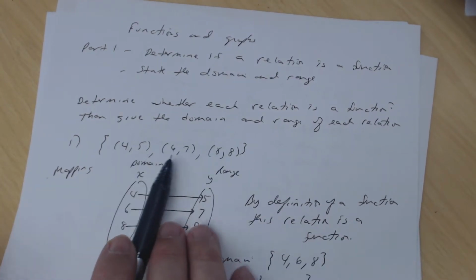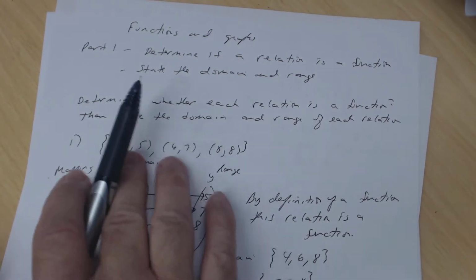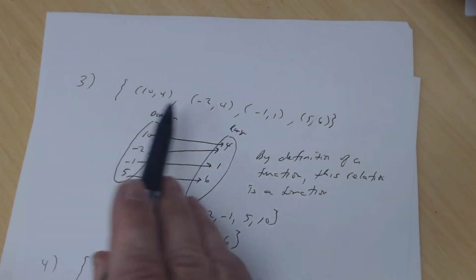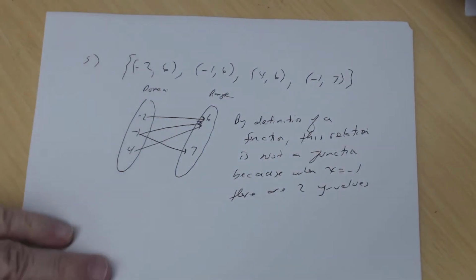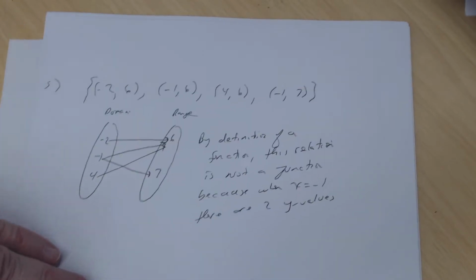So notice right away you can see that number 1 is a relation, number 2 is a relation, number 3 is a relation, number 4 is a relation, and number 5 is a relation. The reason you can see that is because it's a set of ordered pairs. But you don't always have to have a set that looks like this for it to be a relation.